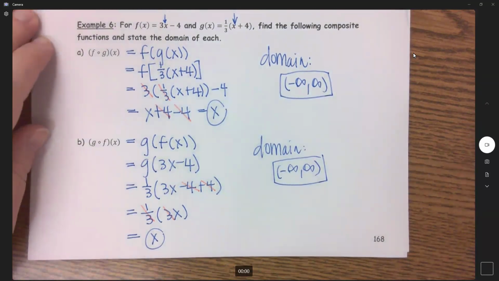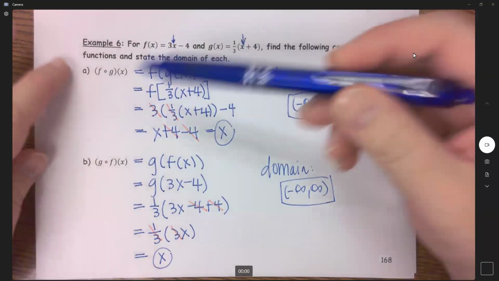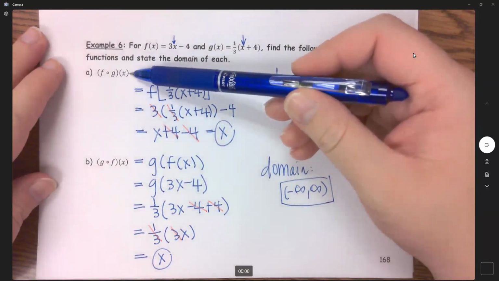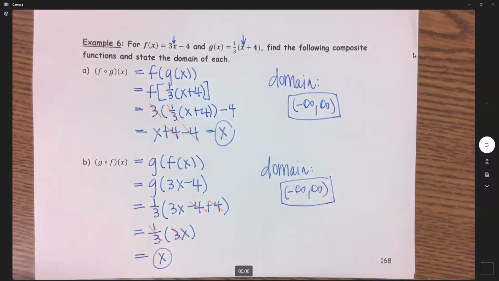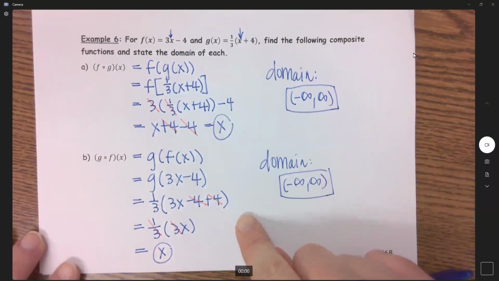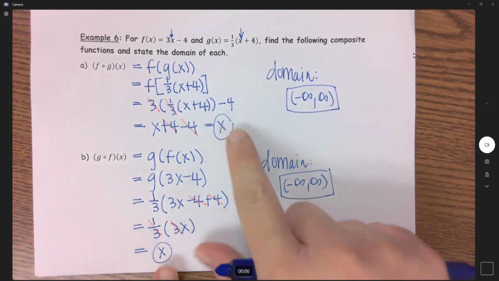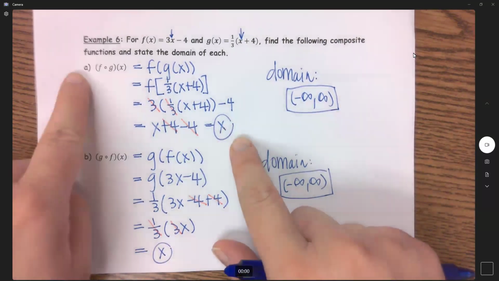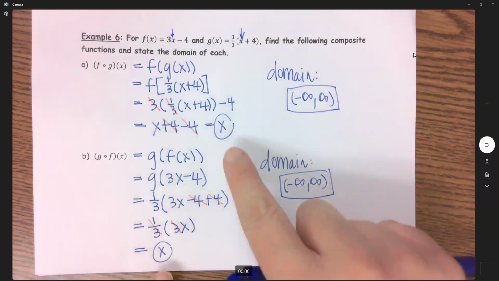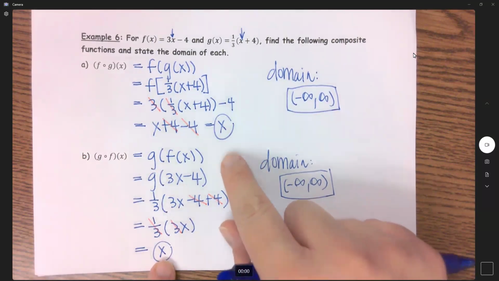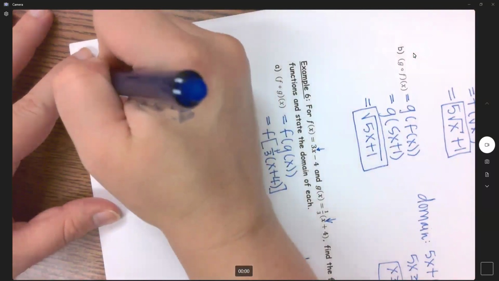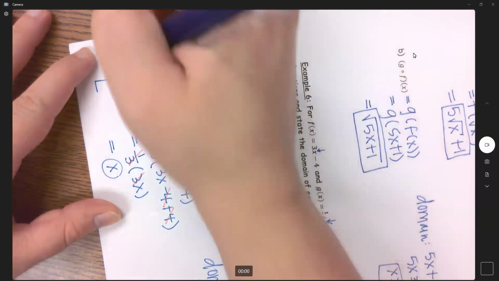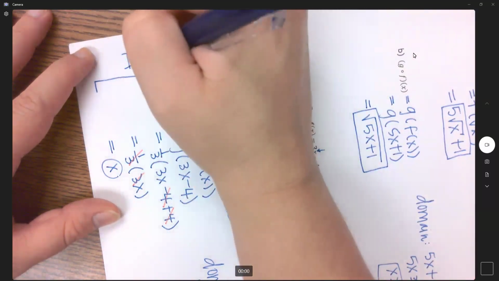Now I've been reiterating and reiterating this whole time that f composed of g and g composed of f are not the same. Here is kind of our special case right here. When you do composites and you do it one way and then the other way and get them both to equal x, these are a special type of composite that are called inverse functions.